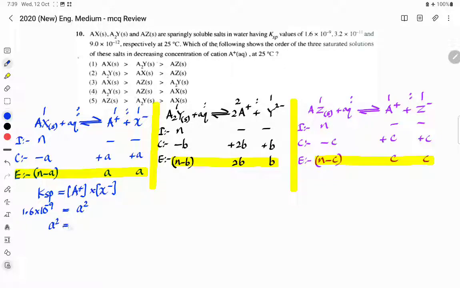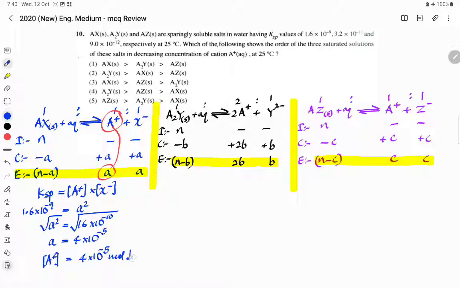Now a squared is equal to 16 × 10^-10. I just rearranged this value so that I can take the square root easily. So the a value will be 4 × 10^-5 here. Since the A+ concentration is simply a, the A+ concentration is equal to 4 × 10^-5 moles per decimeter cube.